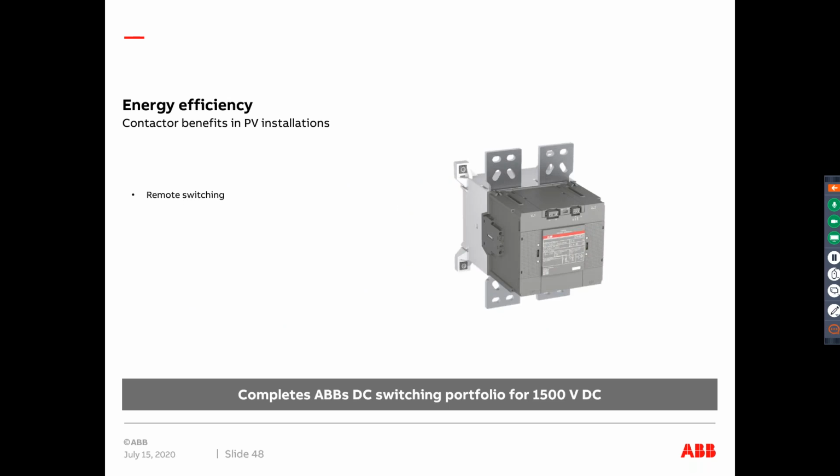It can do remote switching and automatic switching, and it is very efficient. Some people must be wondering why we can't use a breaker or a disconnector. The difference is that contactors give you more life; the mechanical life is much better than a disconnector or a breaker.